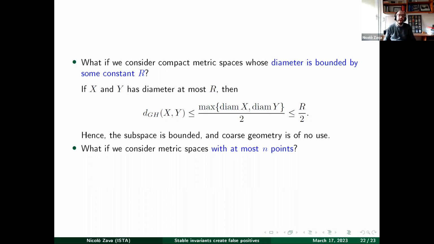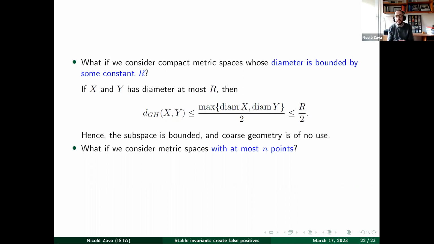Why? Because if both x and y have diameter bounded from above by r, then their Gromov-Hausdorff distance is going to be bounded by r divided by 2. Which means that the entire space is going to be bounded. And from what I said at the beginning, when I introduced coarse geometry, for coarse geometry a bounded space is trivial. It's just a point. So coarse geometry cannot say anything.